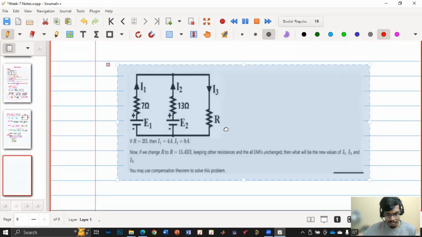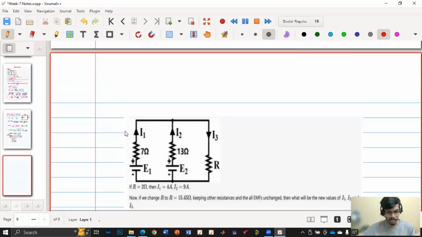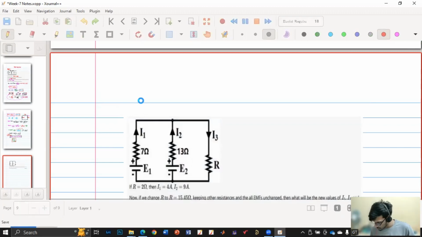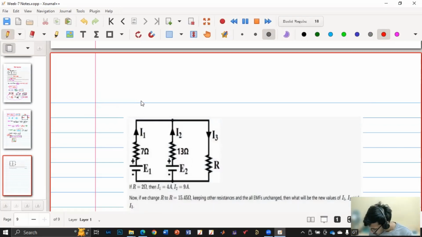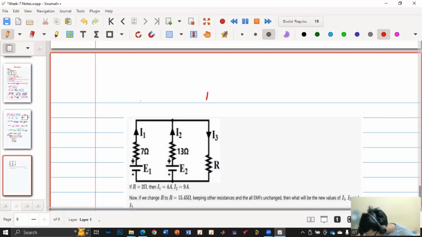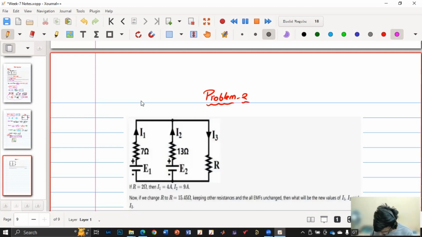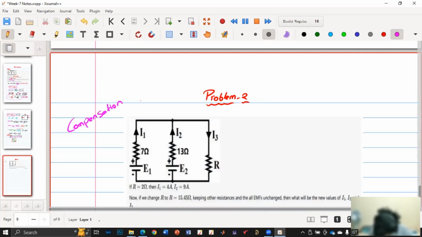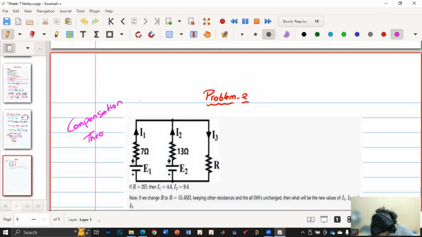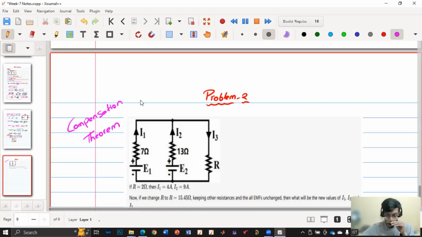This seems a little bit tricky, but when you solve one problem, then you will feel more comfortable and confident. This is a very simple and straightforward problem, but it might look complicated.